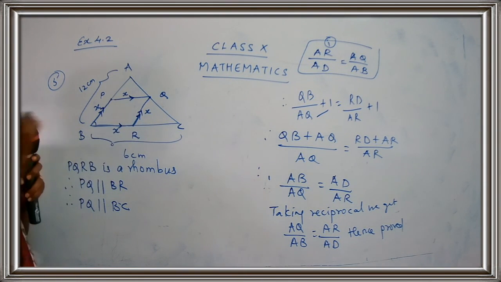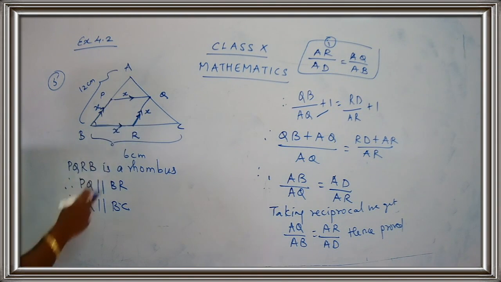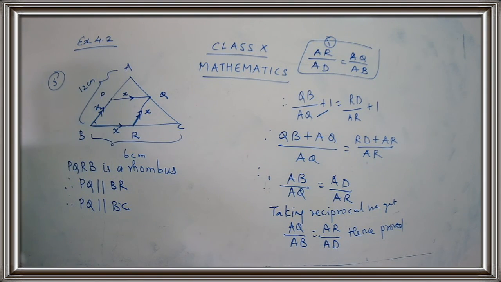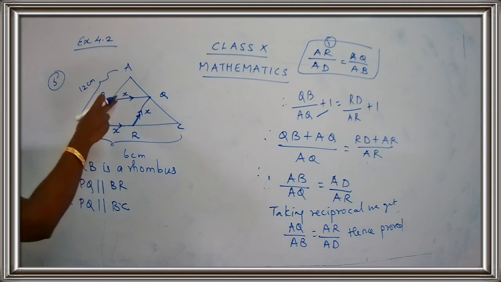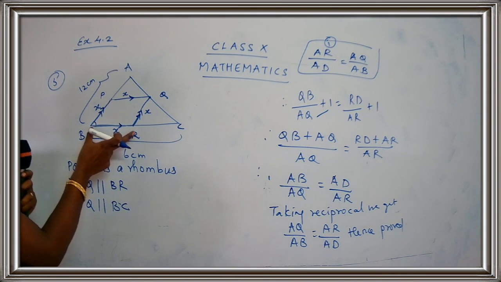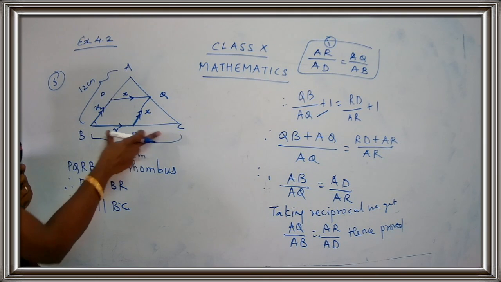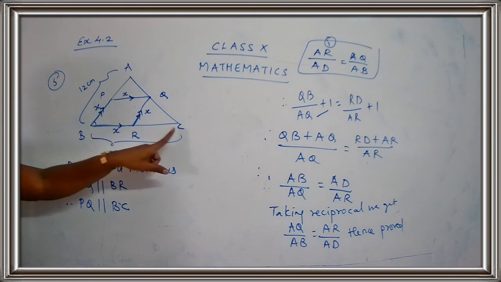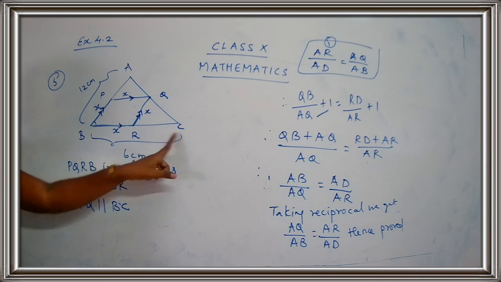BR is just a part of BC. So we can say PQ is parallel to BC, the whole line. Here I have just taken a part of it, you can take the full part, that is BC. Getting my point, children? So PQ parallel to BR, therefore PQ will be parallel to the whole part, that is BC.